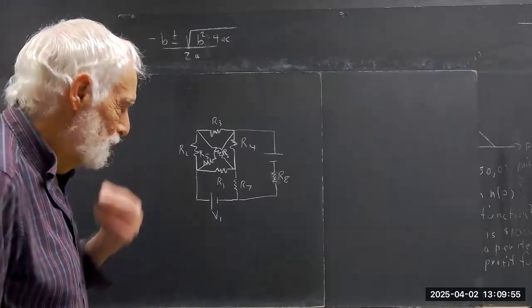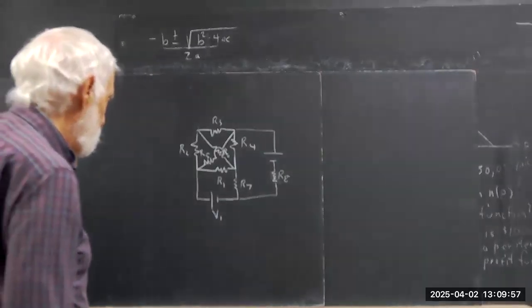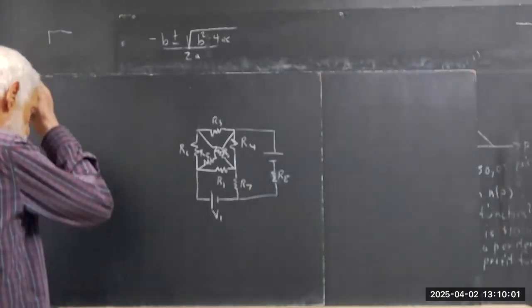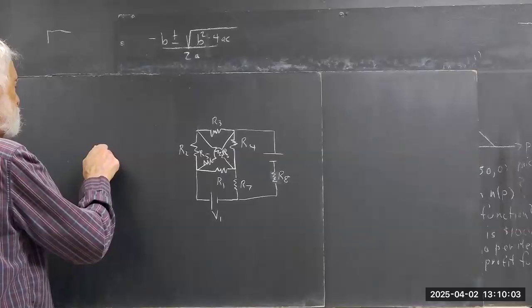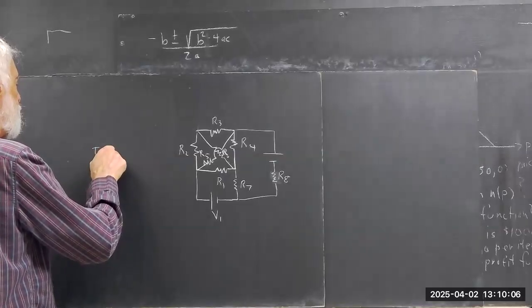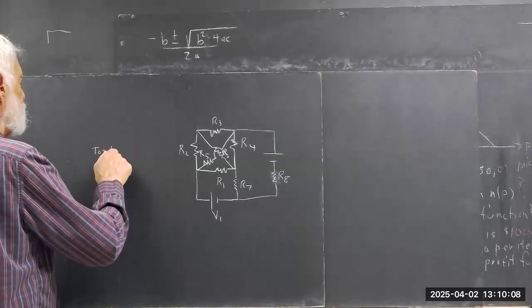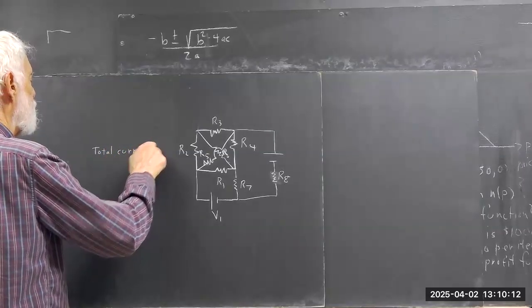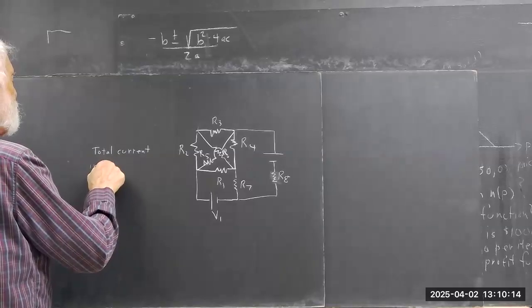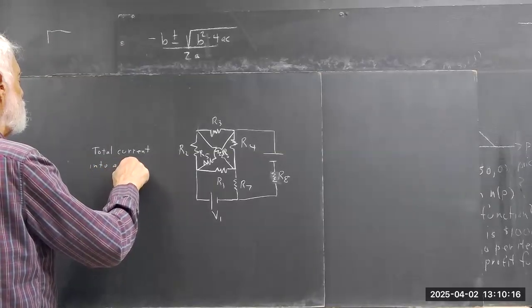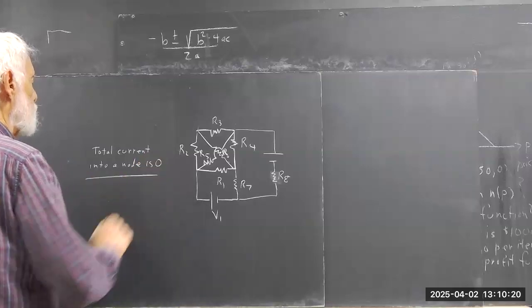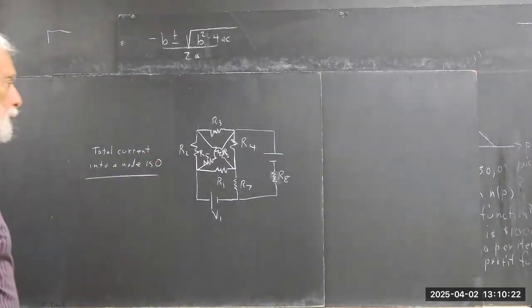You have 2 rules. Total current into a node is 0.